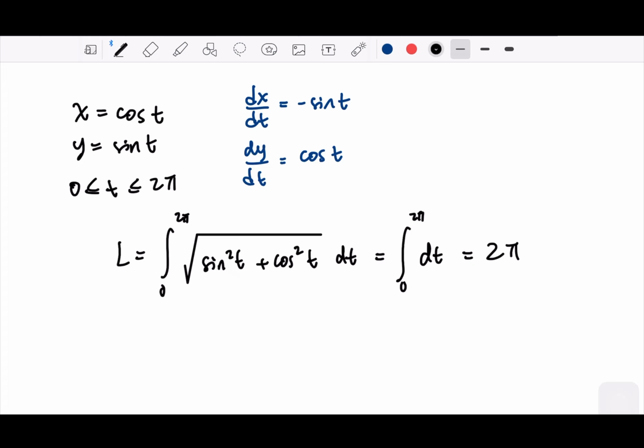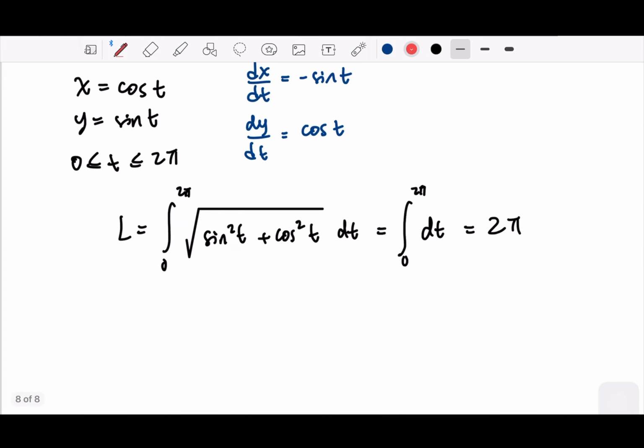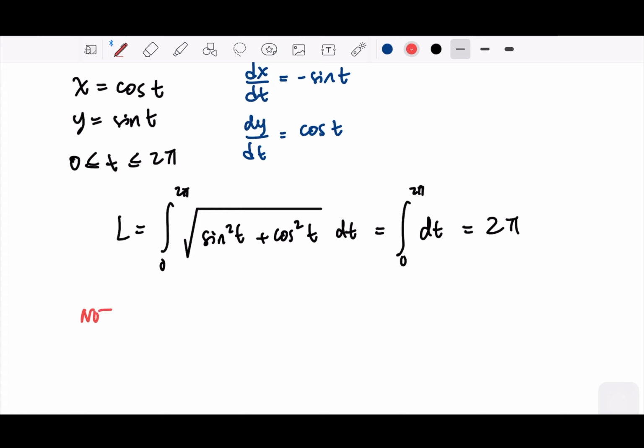And there are several, not several, maybe just one note, okay? One note regarding the arc length.